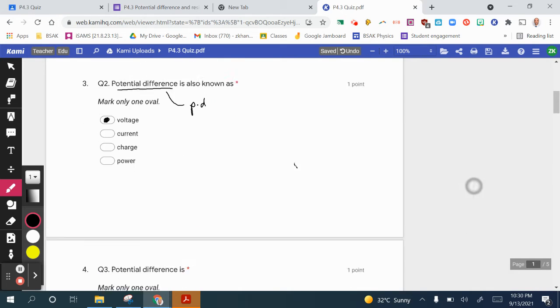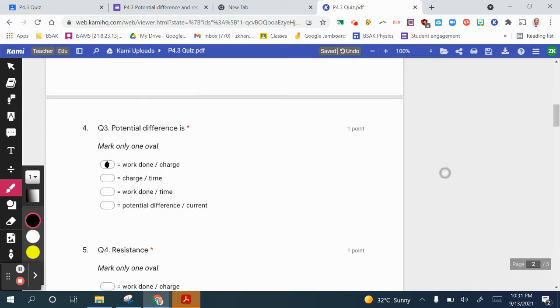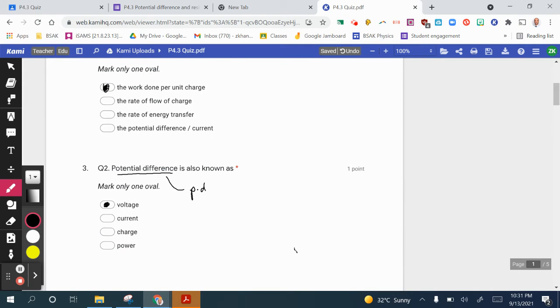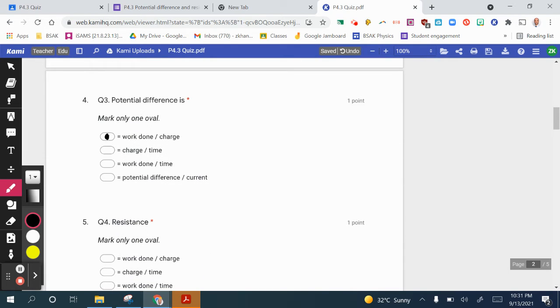Okay. Now question 3, potential difference expressed as a formula. So voltage expressed as a formula is the work done per unit charge. The word per, if you look at the definition, is the divide sign. So we'll write it out as the work done divided by the charge as a symbol formula.